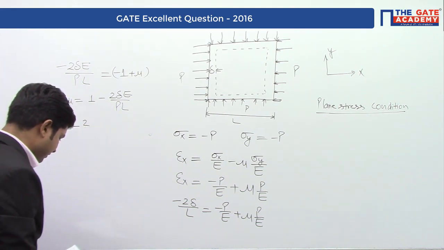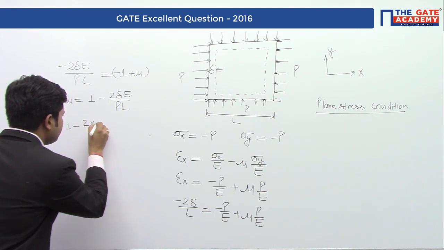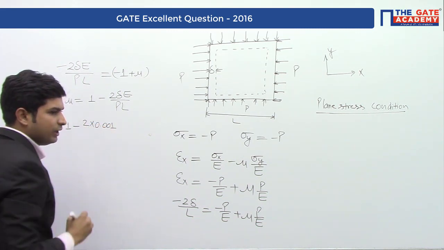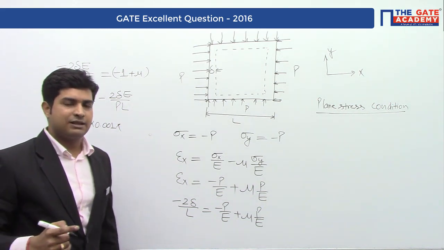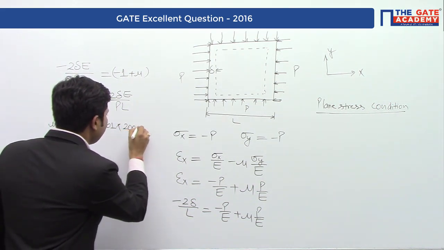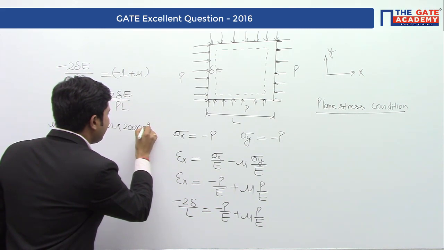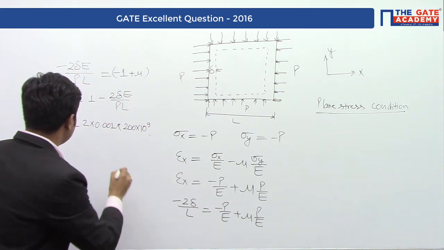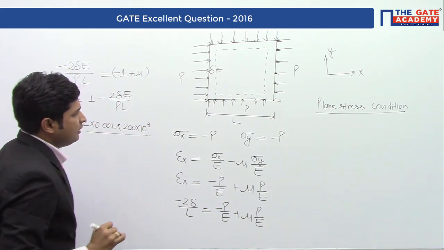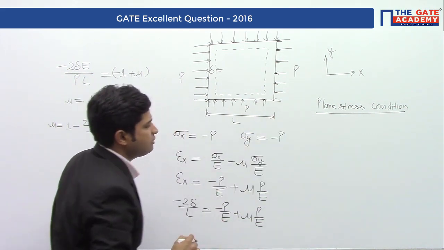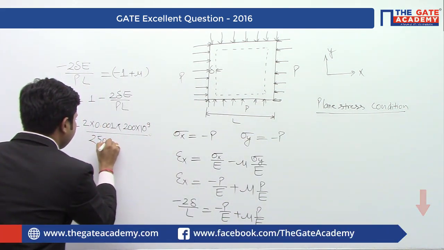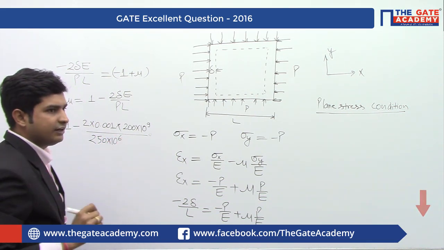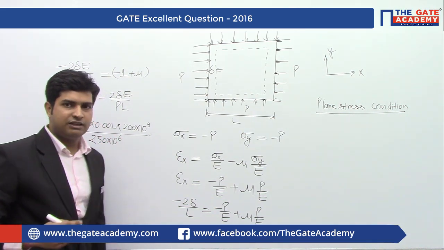delta, which is given in the question as 0.001. E is given as 200 gigapascal, which means 200 into 10 to the power 9 Newton per meter square. P is given as 250 megapascal, which is 250 into 10 to the power 6 Newton per meter square.